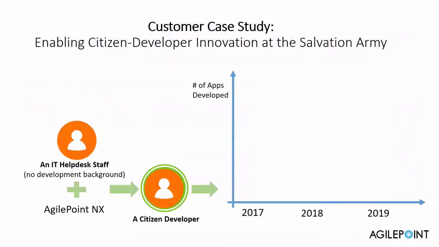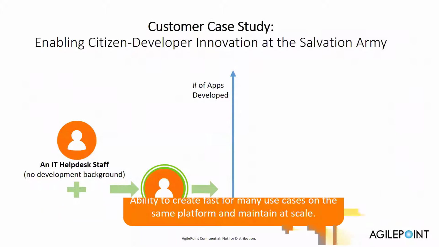Now, the other side of that has to do with the citizen developers. And a great example of this comes from a webinar that AgilePoint hosted alongside Salvation Army and Forrester Research about a year ago. It's a great example of what can be done with AgilePoint in the hands of a single citizen developer who had no previous development experience.